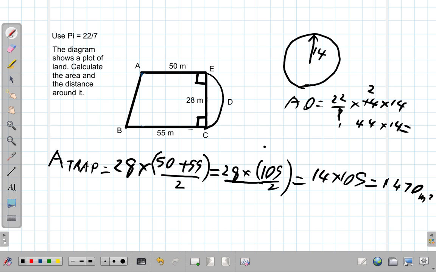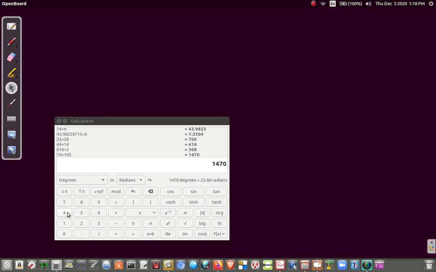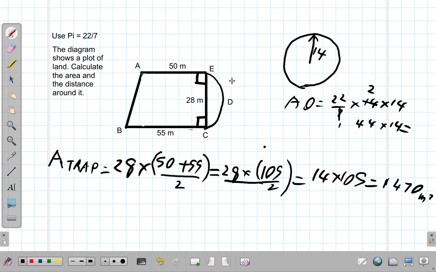Let's just deal with that part. 44 by 14 is equal to, I recommend you do it by hand, but just to save time, 616. So the whole circle is 616 meters squared.